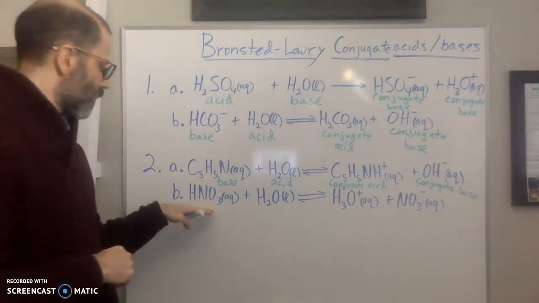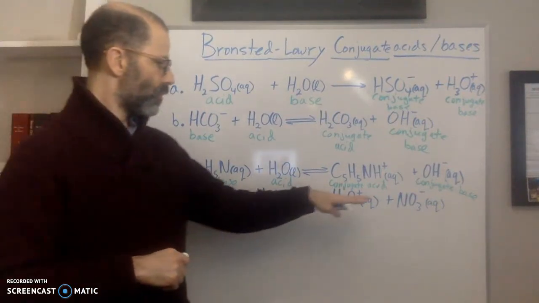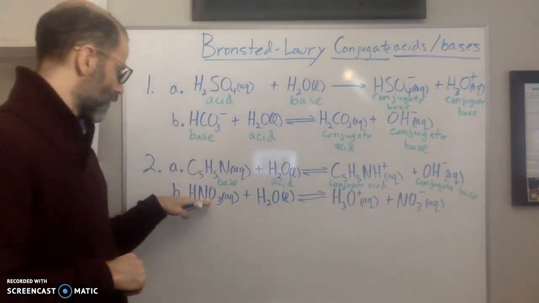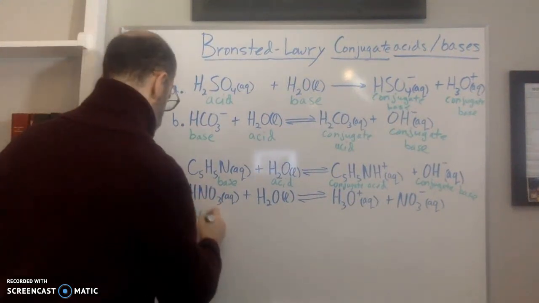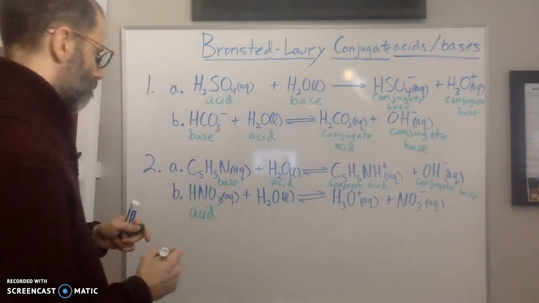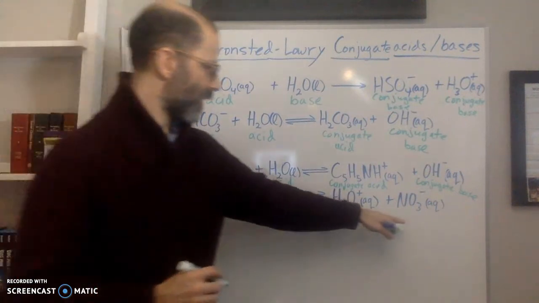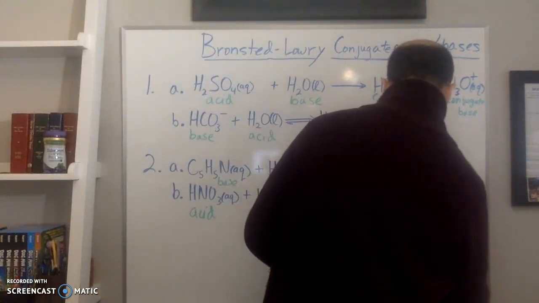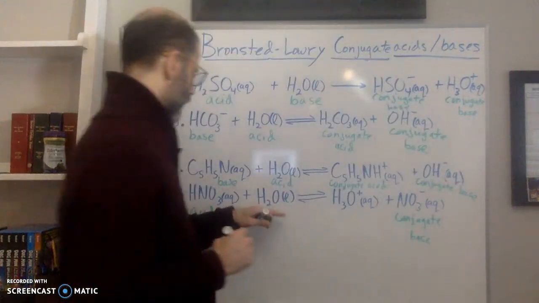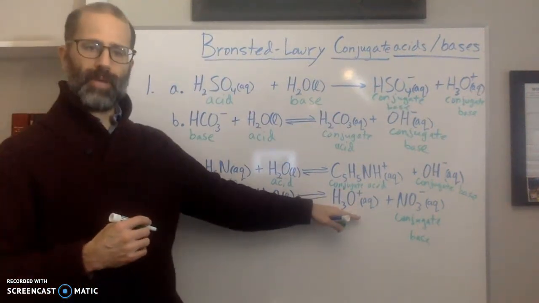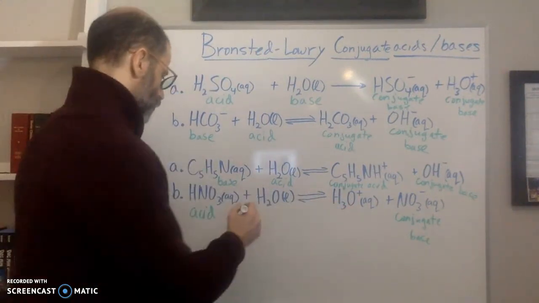And the last one, here we have HNO3 and water. So HNO3 goes to NO3 minus. It loses the hydrogen, so that means that this is the acid. And this is the conjugate base coming from the acid. And here water is picking up the hydrogen, so that's acting as a base.